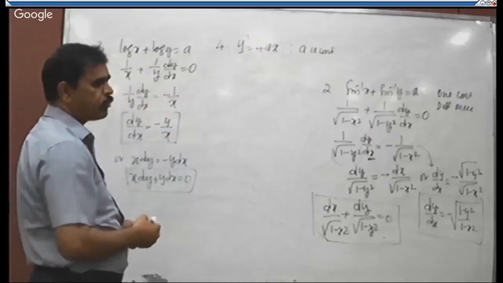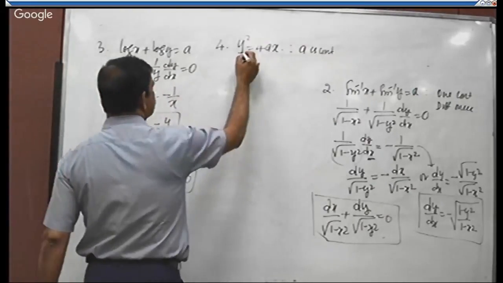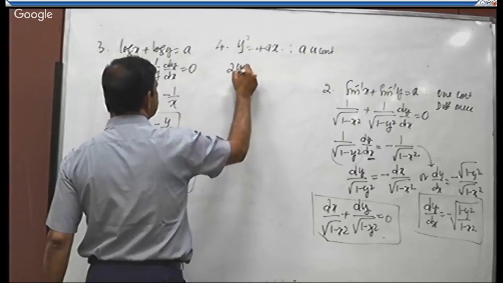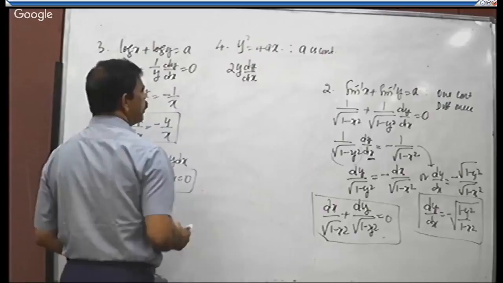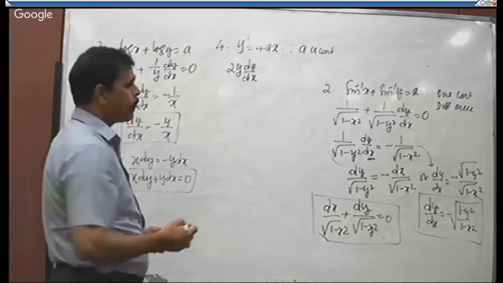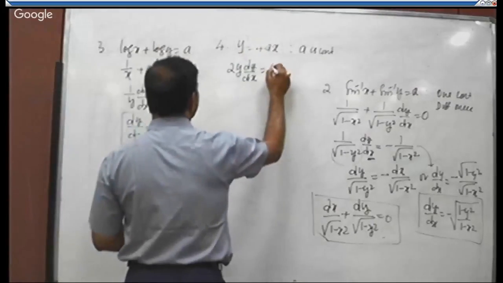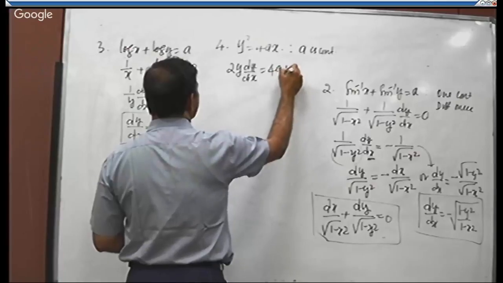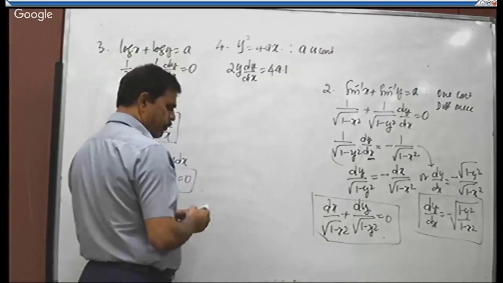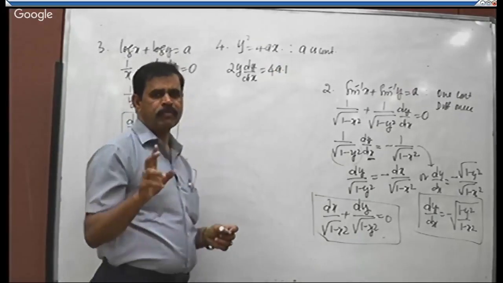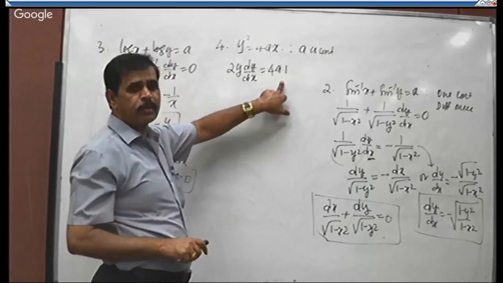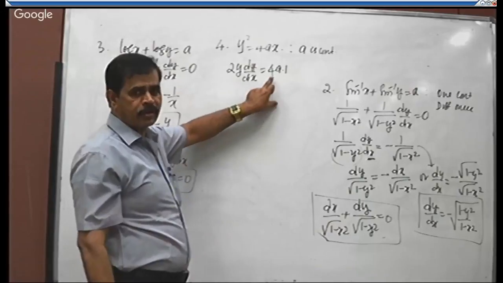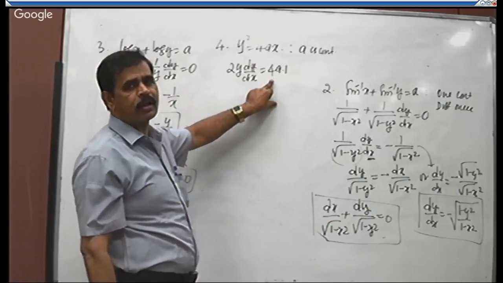We have to differentiate only one time. See this. For y square it is 2y into dy by dx is equal to 4a into differentiation of x, which is 1. For one constant, we have differentiated one time. See, is the constant eliminated in the derivative or not? The constant is still in the derivative.